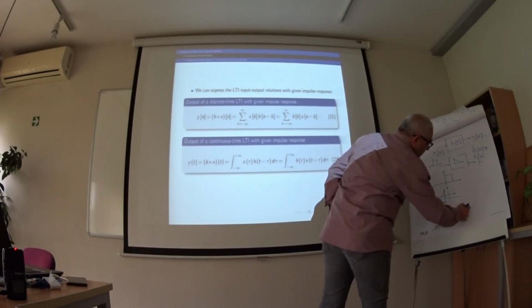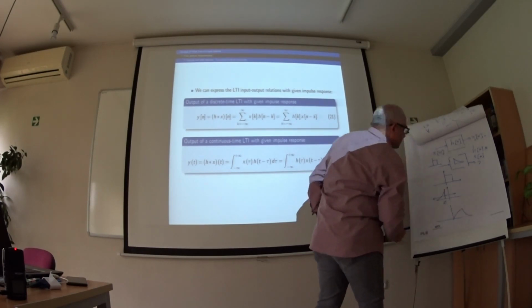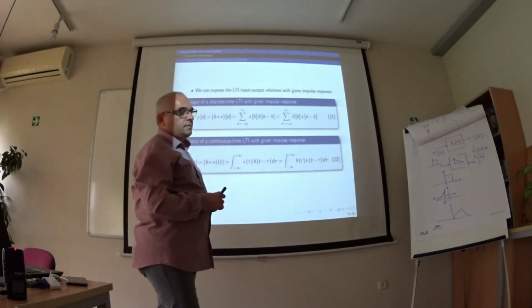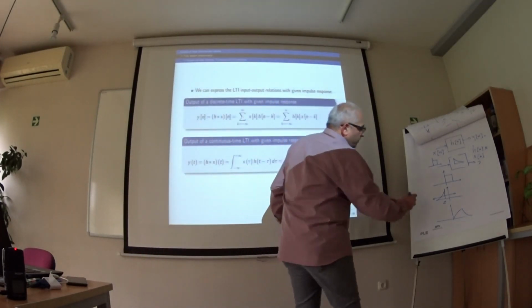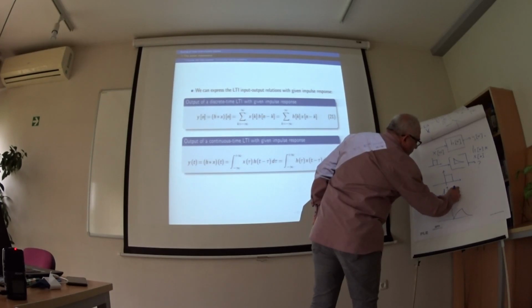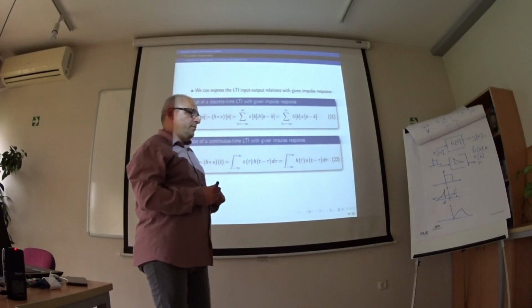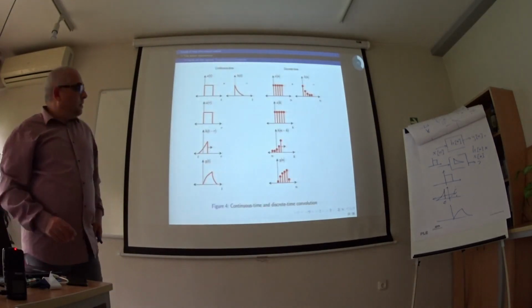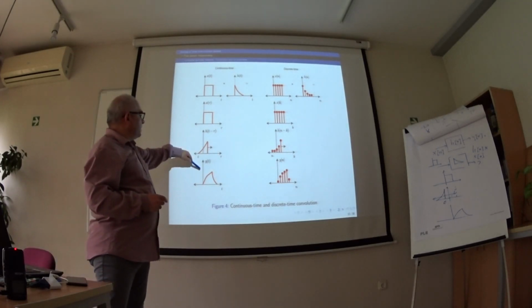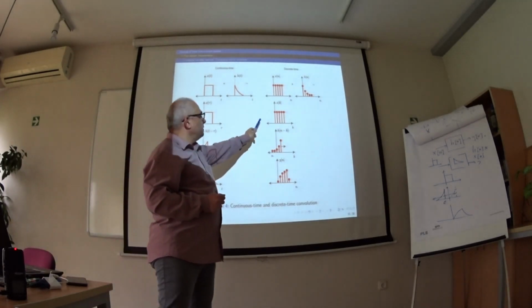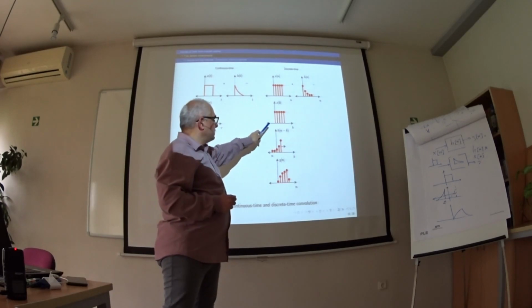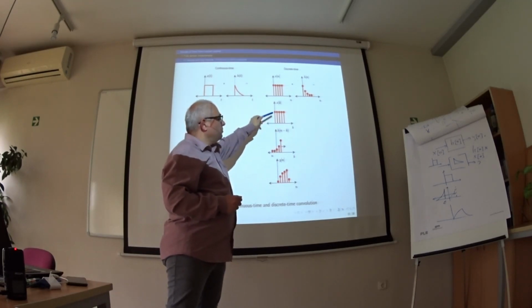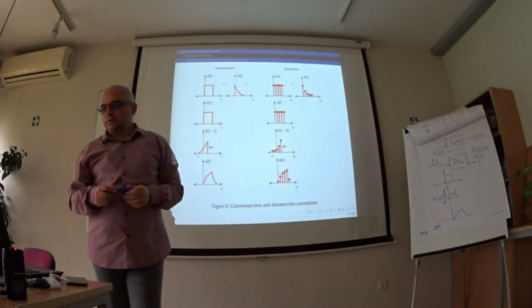So the output of the convolution will be something like this, because the maximum will be somewhere here when we have significant overlap. Here is analog convolution, here is digital form. Here it is much simpler because we don't have to integrate, we just have to multiply and accumulate.